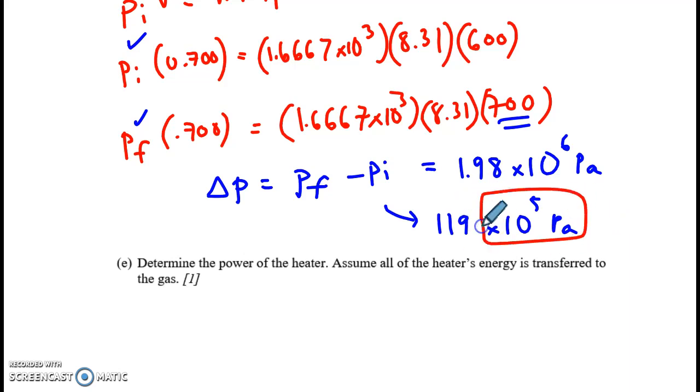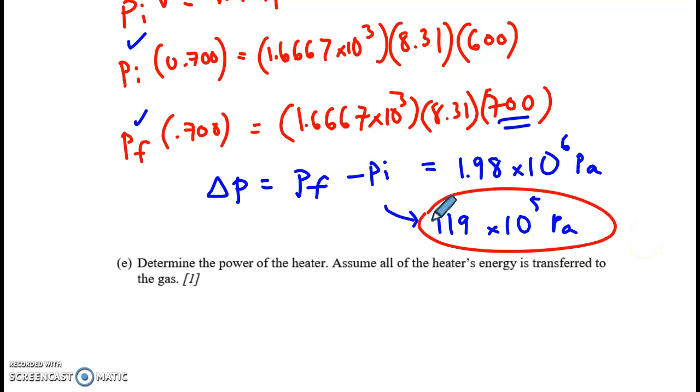Atmospheric pressure is 1 times 10 to the 5 pascals. So this is too high. The assumption that we're dealing with an ideal gas is not correct when your pressure is this high. Why? Because this is not going to qualify as low pressure, which is one of the things we need for a real gas to behave ideal. To behave ideal, pressure must be low. That's not the case. So whoever wrote this problem didn't plan ahead. That would be me.